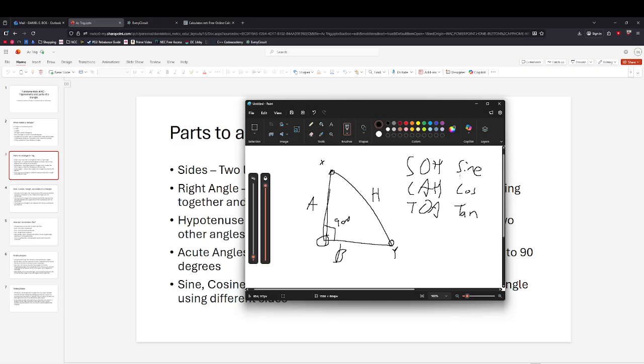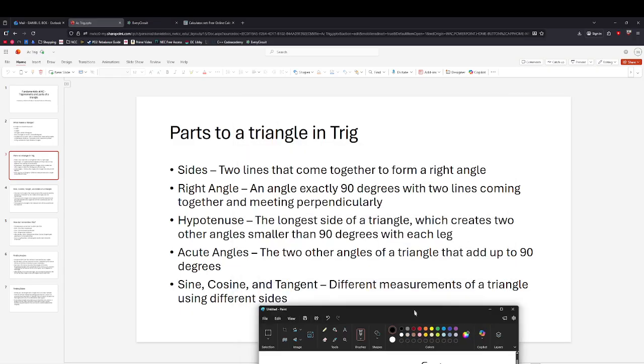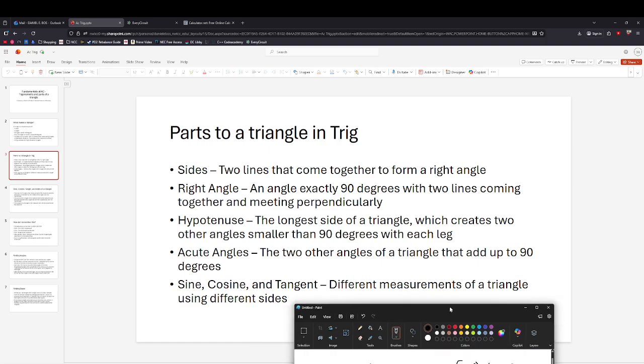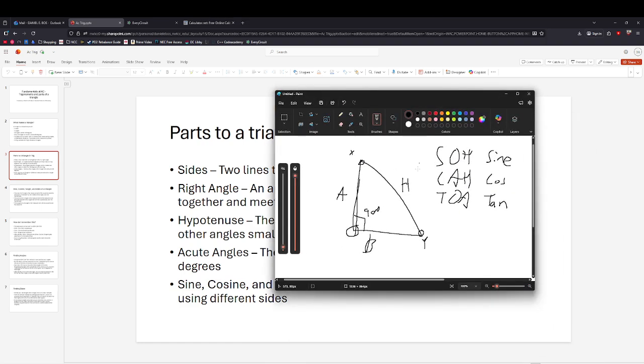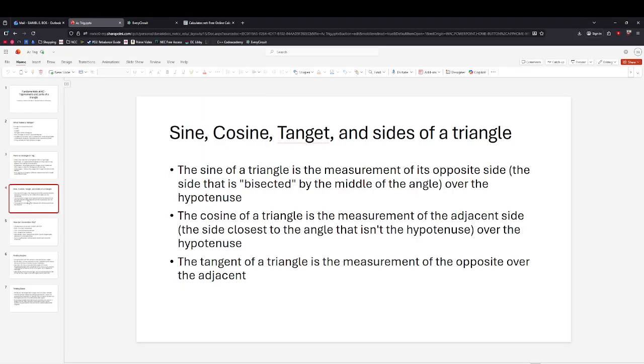There. So your sine, your cosine, and your tangent are different measurements of a triangle using different sides or different angles. Sine of a triangle is a measurement of its opposite side, the side that is quote-unquote bisected by the middle of the angle, over the hypotenuse.